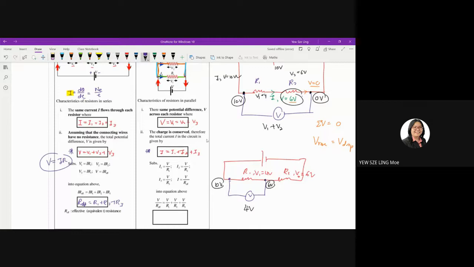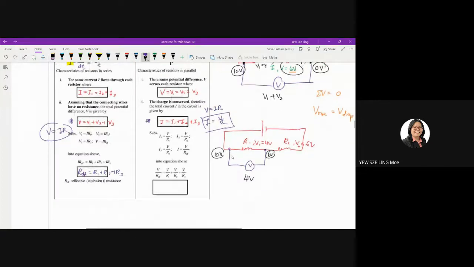So again, you start to derive it from V equals IR, rearranged, I equals V over R. You sub I equals V over R into your equation, and eventually you should obtain 1 over R effective equals 1 over R1 plus 1 over R2 plus 1 over R3.